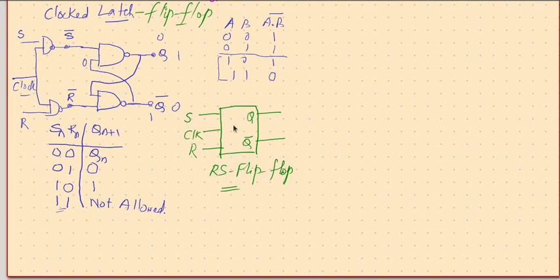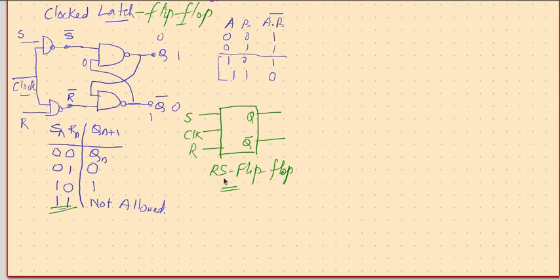Only when you are using RS flip flop, make sure that you are not going to give both 1 1 simultaneously. One of them is compulsorily 0, at least one of them is 0, both of them together are never 1. That's what you need to care about when you are working with RS flip flop.